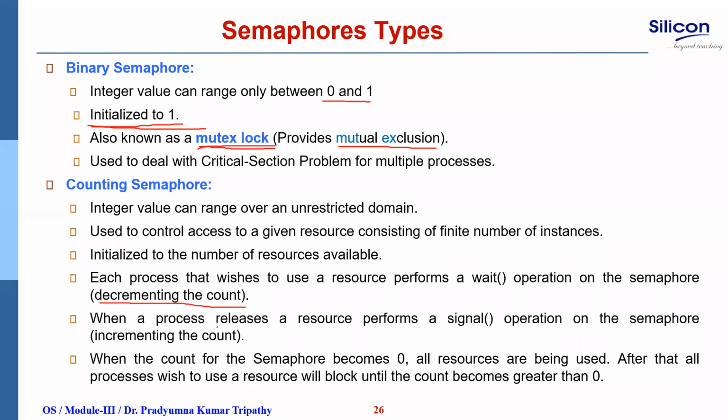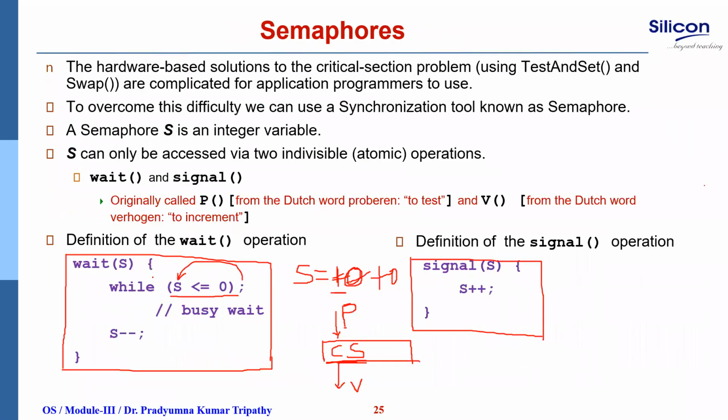If somebody releases, then it increments the count. In wait, we decrement the semaphore. In signal, we increment the semaphore.